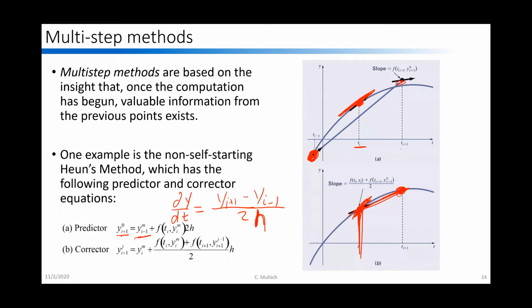With the first predictor, I have a much better estimate of what the point here will be. However, I'm still using the most current possible information, this point right here, as I'm moving forward. This now looks just like the original Heun's method, but we're using a better predictor model.